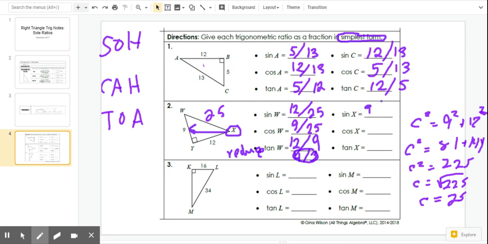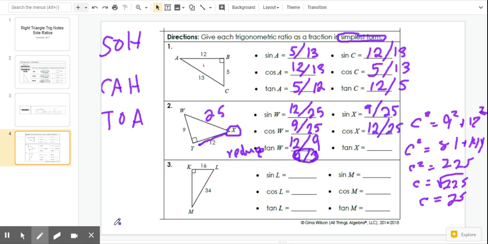So 9 over the hypotenuse, which is still 25. Cosine of x. So cosine is adjacent over hypotenuse. So cosine, the adjacent leg, is 12 over the hypotenuse, which is, again, still 25.